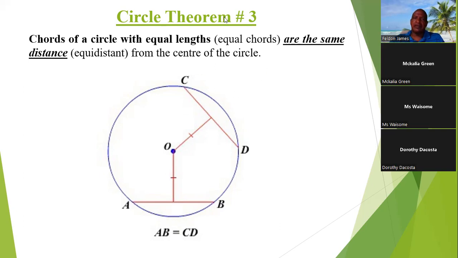So if you draw another chord somewhere around here, from this point to say this point, and this chord is the same length as the other chords, the distance from the center will be the same as the others.